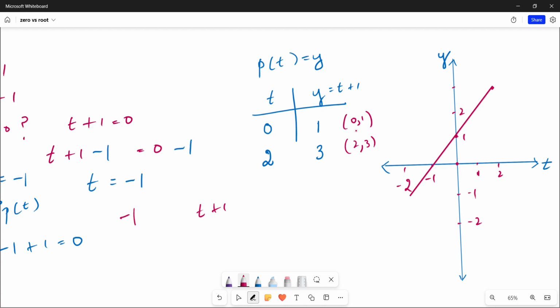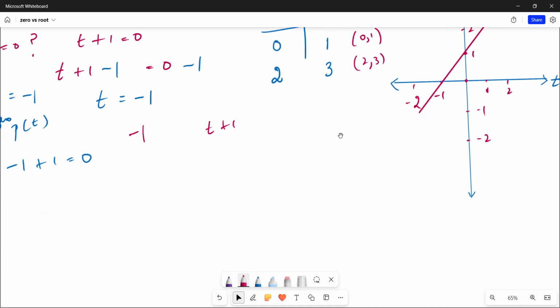So when we talk about expressions, we call it the 0 of the expression or 0 of the polynomial. But when we consider this to be an equation, t plus 1 is equal to 0, we say the same point, t is equal to minus 1, is the root of the equation.